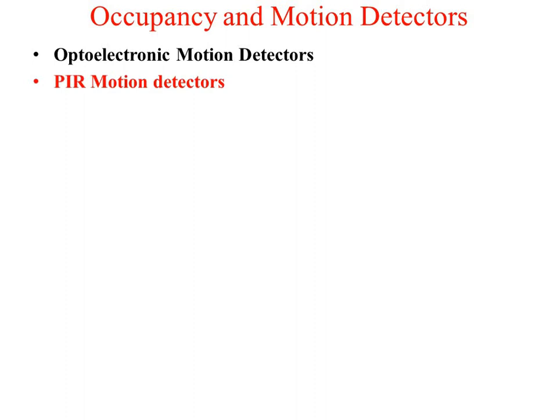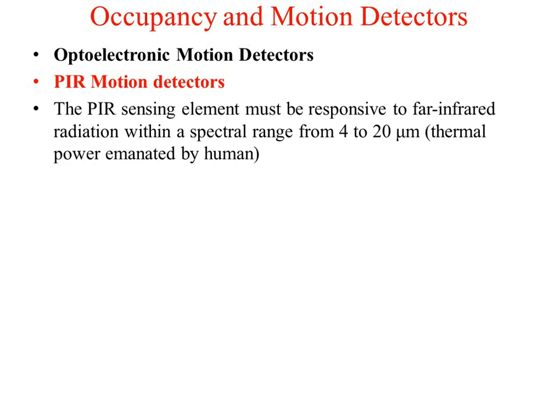Now our focus will be on PIR motion detectors. The PIR sensing element is responsive to far infrared radiation within the spectral range of 4 to 20 micrometers. This is generally the thermal power emanated, that is, given out by human beings or animals.